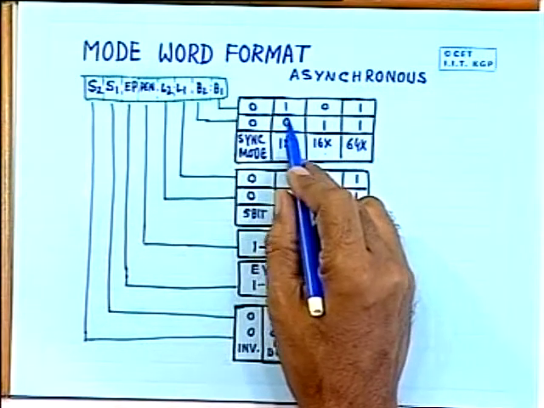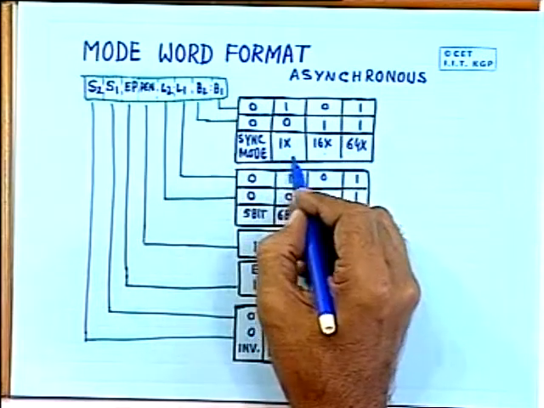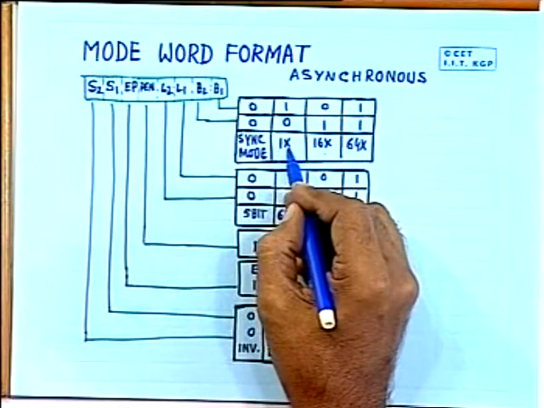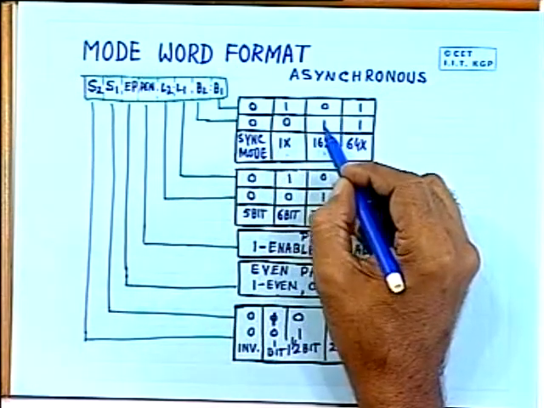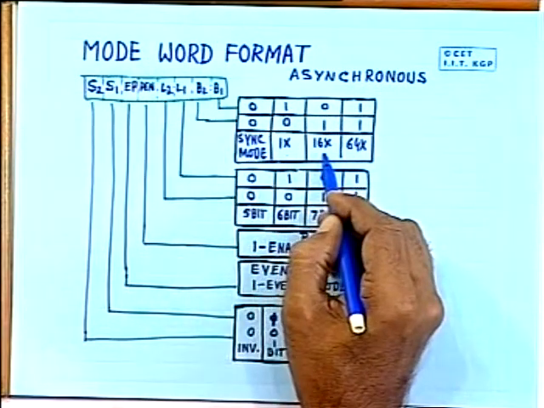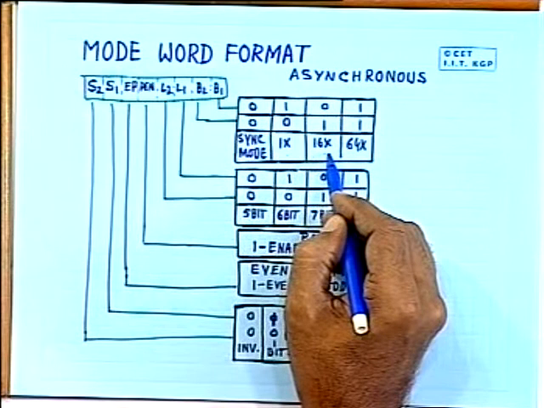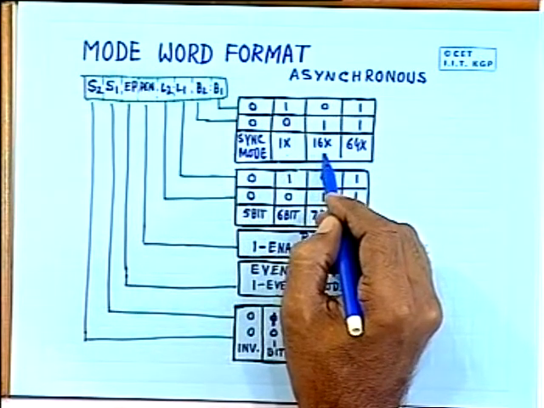Whenever these 2 bits are 1 0, the baud rate is decided by that clock frequency, TXC or RXC. On the other hand, if it is 0 1, then that clock frequency is divided by 16 and the baud rate is 16x.